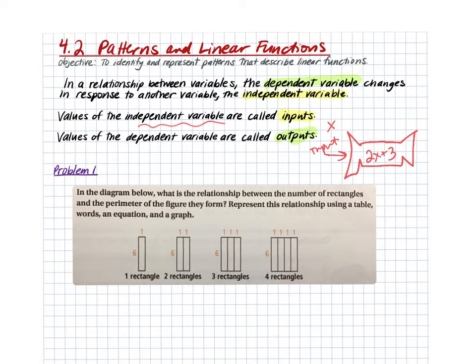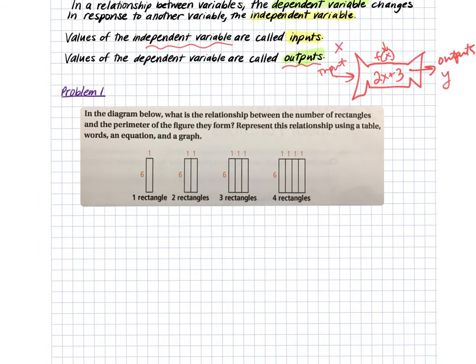That's the function. It's an input going inside, and once it does that to it, it outputs. The output is your y or your dependent variable. We haven't gotten quite there yet, but that's kind of how you think about how these relationships work. That would be an example of a function.